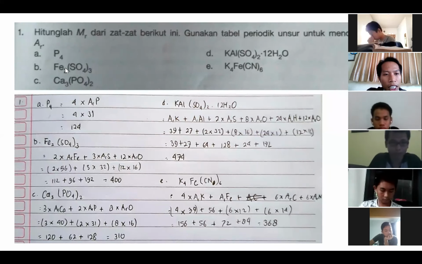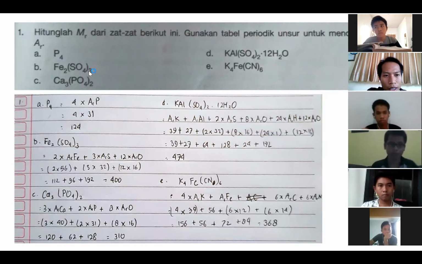For B now, iron is 2, so 2 times the relative atomic mass of iron. And sulfur here actually does not have any subscript. But remember, for the one which is in parentheses, you have to take into account the number outside the parenthesis. It means that here we have 3 S and 4 times 3, which is 12 oxygen.